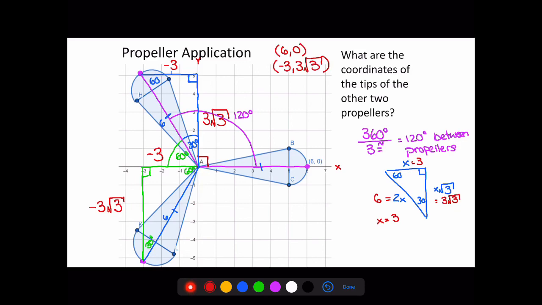So therefore, this point would be the point negative 3, comma, negative 3 radical 3. So again, we have the point 6, 0. We have the point negative 3, comma, 3 rad 3. Lots of 3's. And we have the point negative 3, comma, negative 3 radical 3. So those are our 3 points.